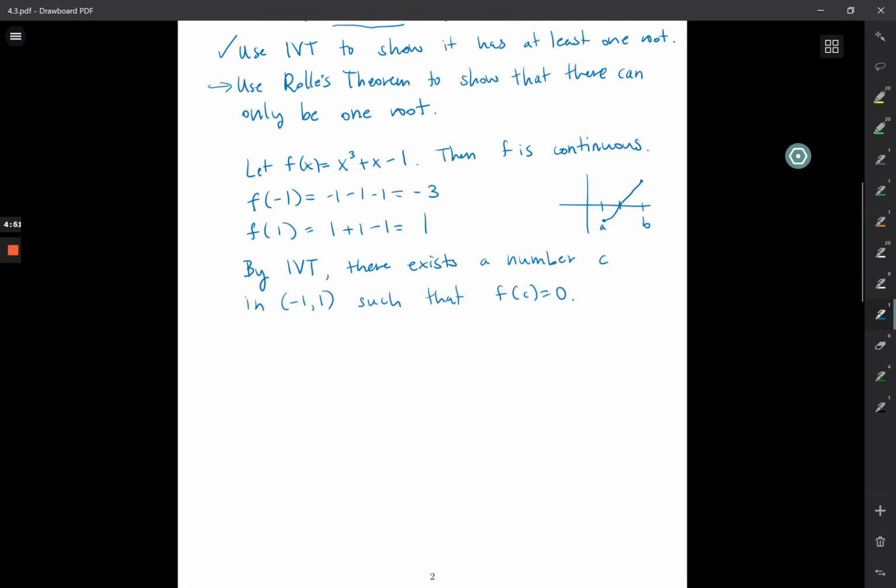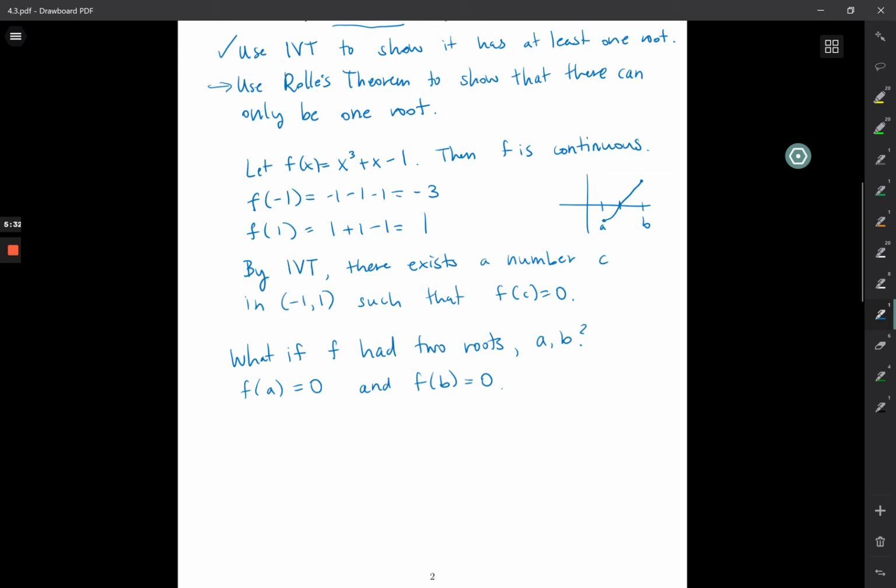Okay, so how we're going to go about doing this is basically we'll ask ourselves, what would happen if there were two roots? So what if f had two roots, and we'll just call them a and b, okay? That would mean that both f of a equals 0 and f of b equals 0, right?